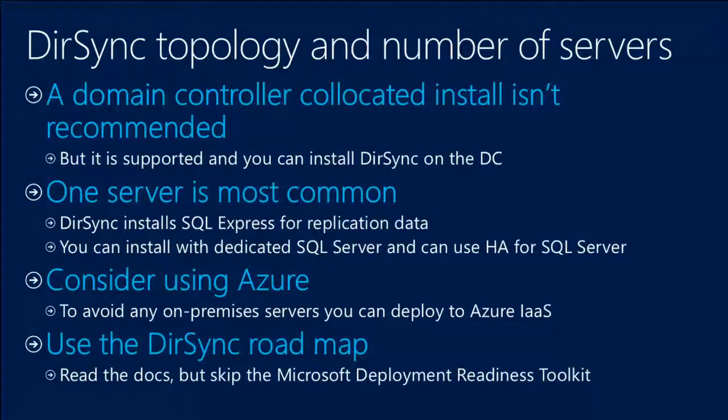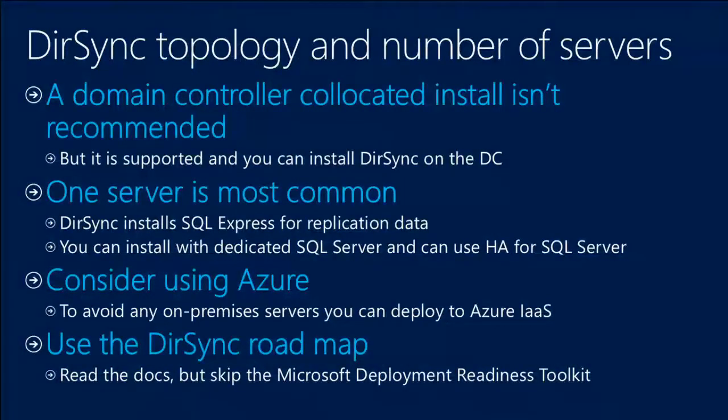So I wanted to talk about DirSync, and I obviously just ran the DirSync wizard on a single server there. What can you do in terms of deploying DirSync for high availability, or what are your options there? Now, you can actually just run DirSync on your domain controller.